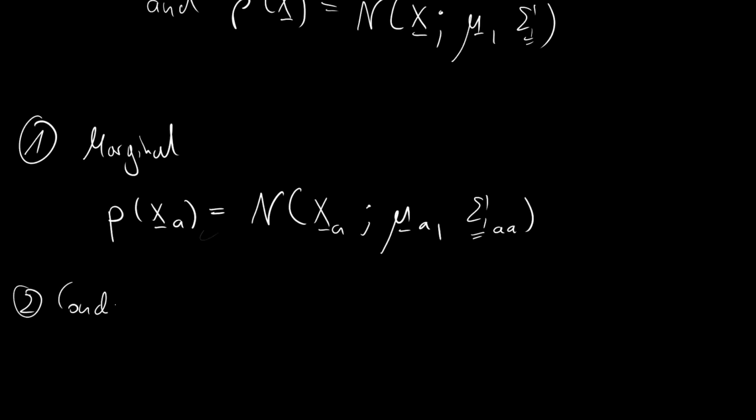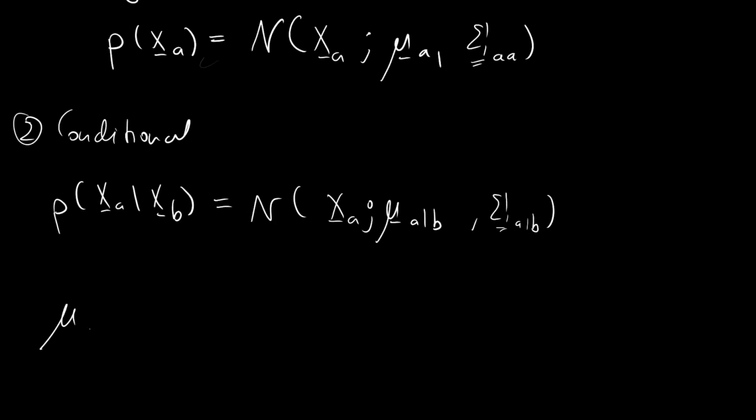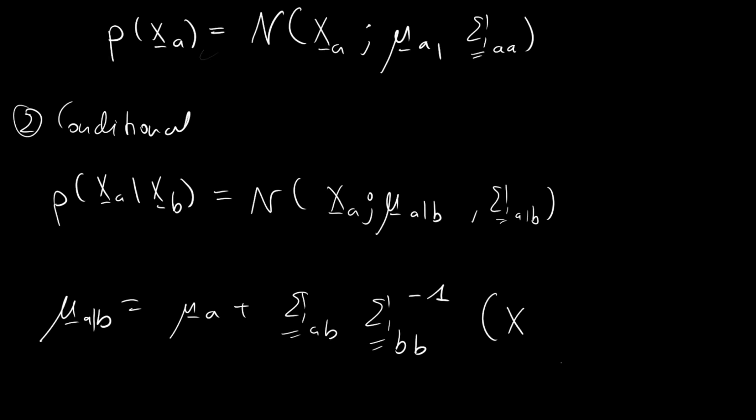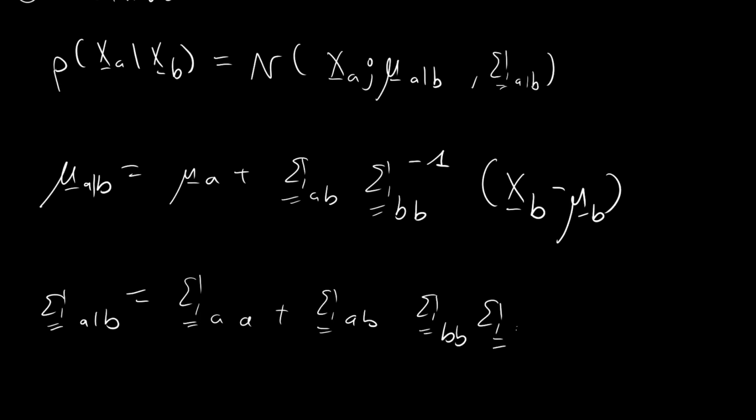And we had the conditional P of XA given XB as the normal distribution over XA under mu A given B and sigma A given B. And we found these parameters: mu A given B as mu A plus sigma AB sigma BB inverse multiplied with xb minus mu B. And we found sigma A given B as sigma AA minus sigma AB times sigma BB inverse times sigma BA.